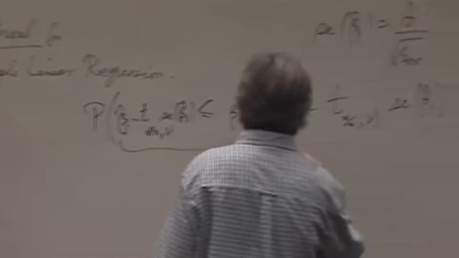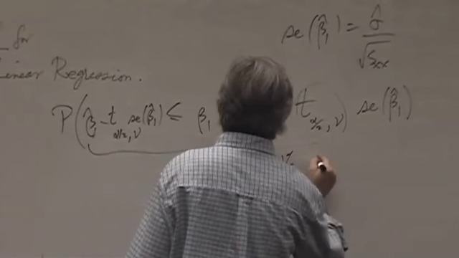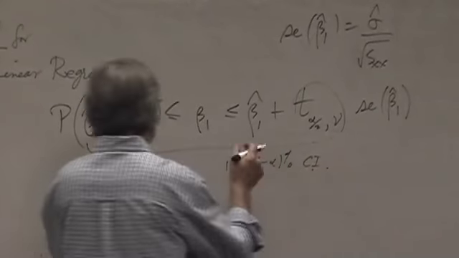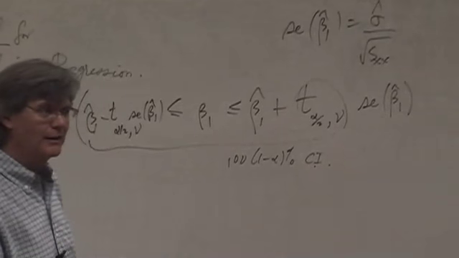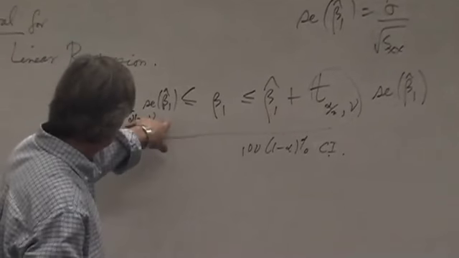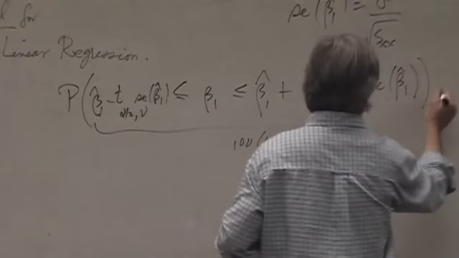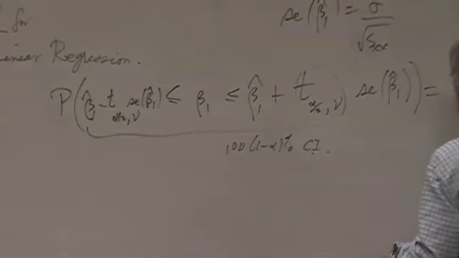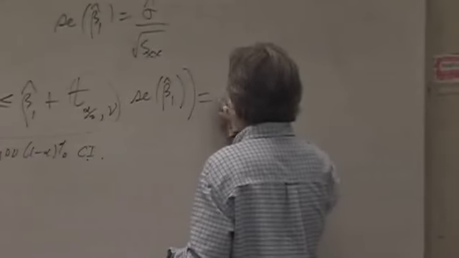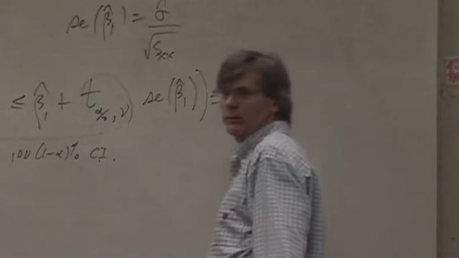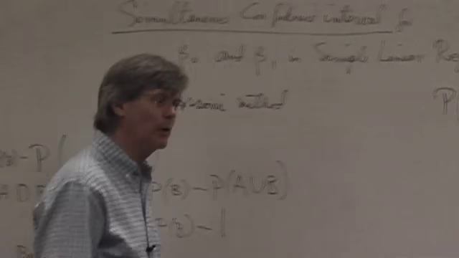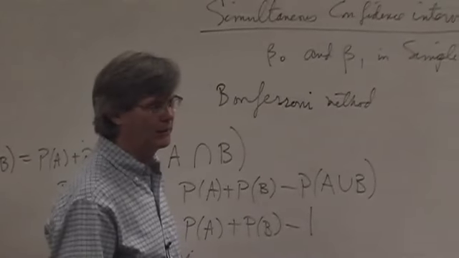Confidence interval when I actually plug in the numbers, right? So in this, guys, this random interval has probability 1 minus alpha. That random interval contains beta 1 with probability 1 minus alpha.